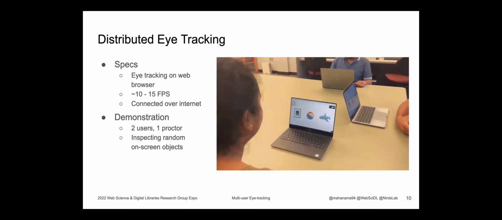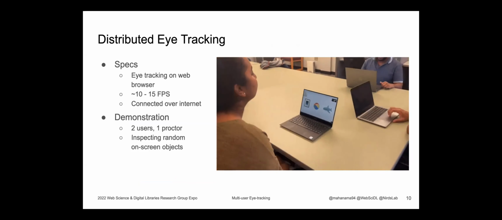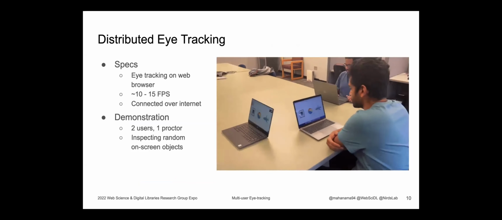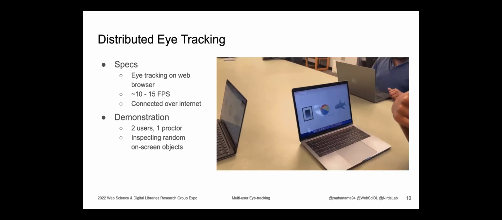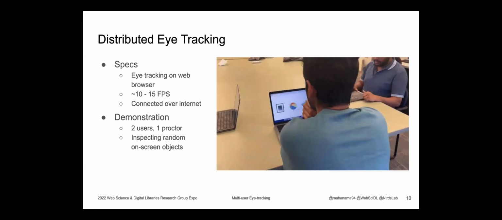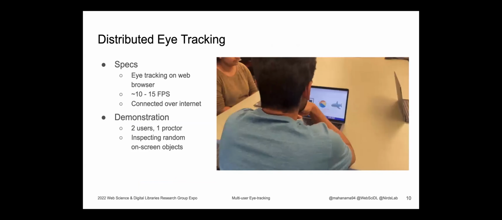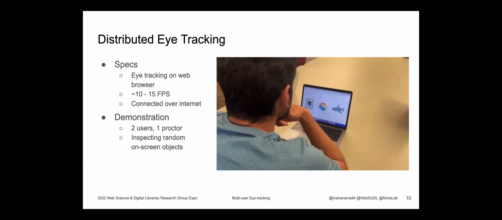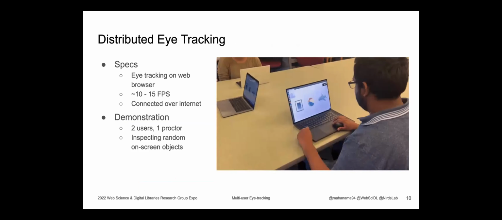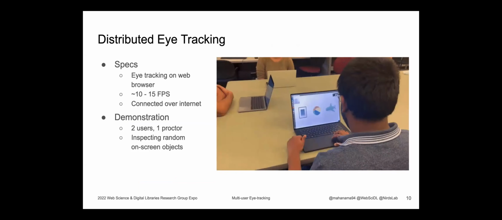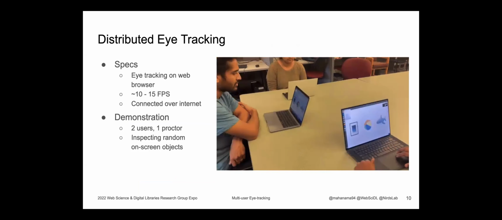This is our demonstration setup for the distributed gaze tracking system. Here we have 2 users, me and Himarsha, and we have a proctor, Skanda, in the middle. We are connected to the same web page, and the laptops in front of me and Himarsha are performing eye tracking on the browser itself.